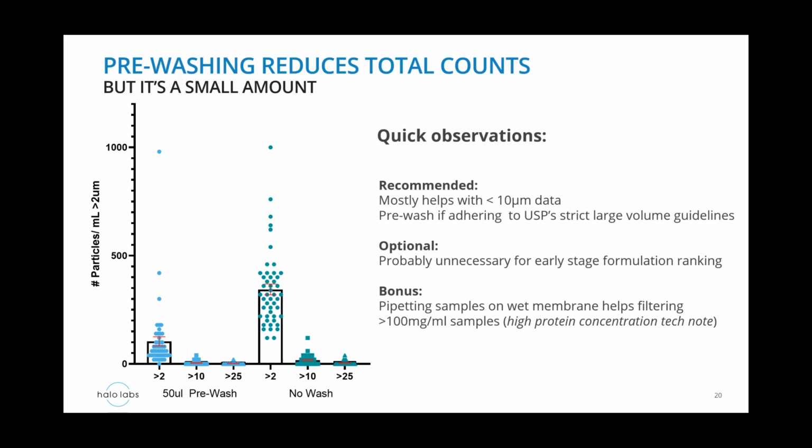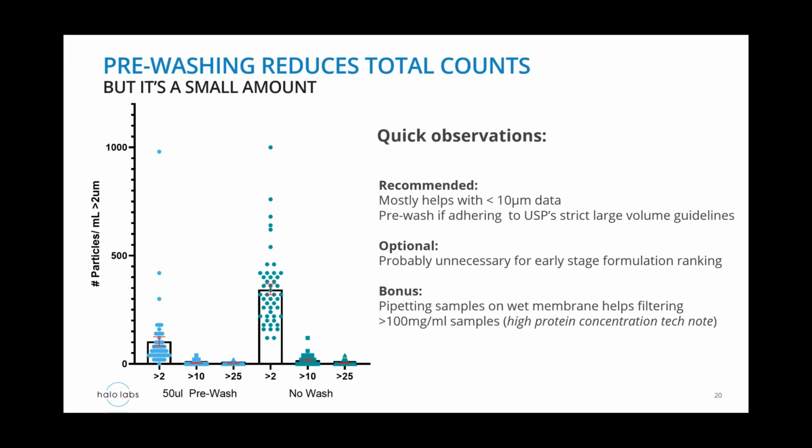And in addition, one of the things that ourselves and our users have seen is that if you pipette a highly viscous sample on a membrane that is wet, it can help with filtration and make that process a little bit easier. So in general, sure, we recommend pre-washing if you're doing USP788.